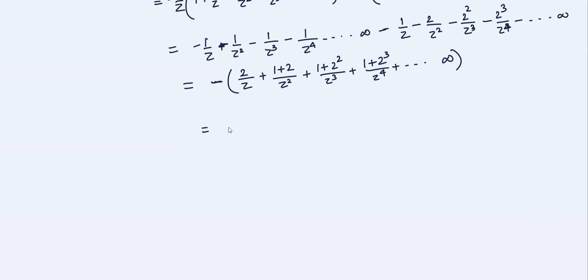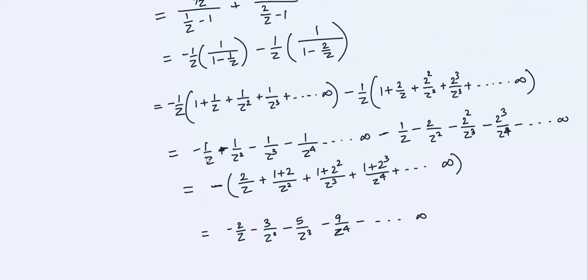Of course, we can leave it here. Minus 2 by z minus 3 by z square minus 5 by z cube minus 9 by z power 4 and so on. All right. So this is the Laurent series.